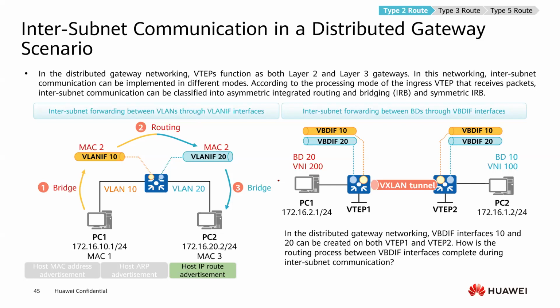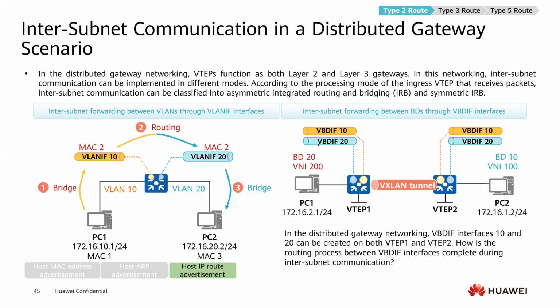In this network, inter-subnet communication can be implemented in different modes, according to the processing mode of the ingress VTEP that received the packet. Inter-subnet communication can be classified into asymmetric IRB, integrated routing and bridging, and symmetric IRB. So what is the difference between symmetric IRB and asymmetric IRB?